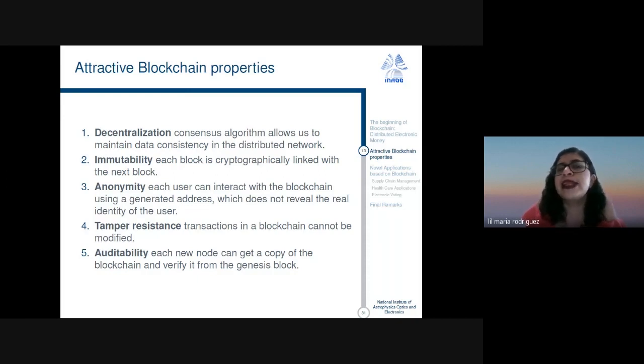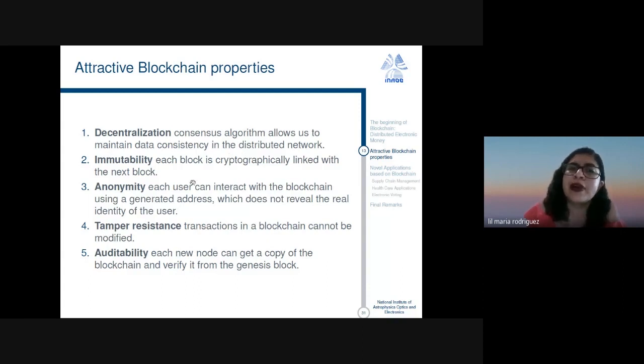For example, in the case of Bitcoin, we are putting the banks out of the game. So decentralization is possible thanks to the consensus algorithms that allow us to maintain data consistency in the distributed network.